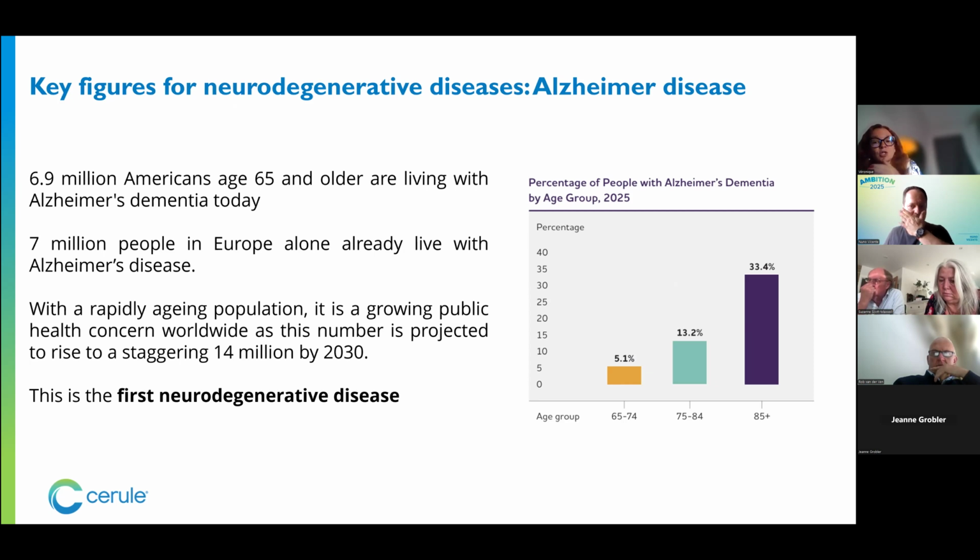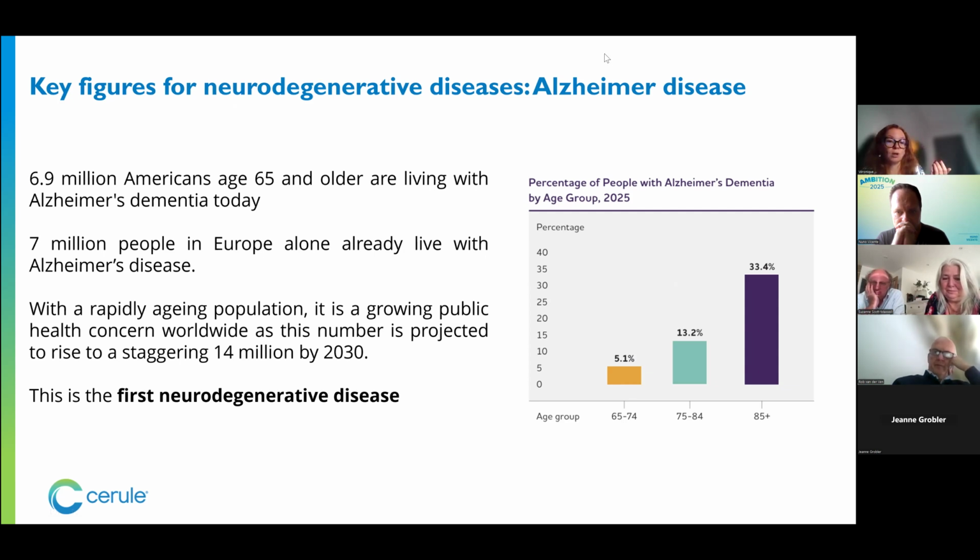And for people 85 years old and more, it is 33%. So we can see that the prevalence is increasing with age and is expected to increase as the population is aging.